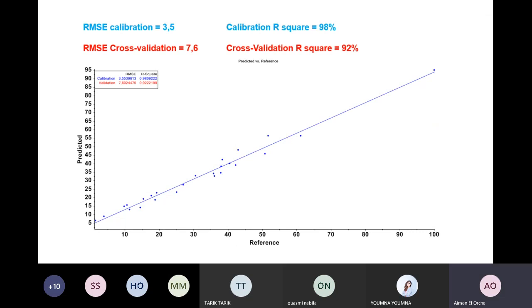The SVM regression shows also that there is a high correlation between predicted value and reference value, in which we can observe a high value of R squared for calibration and cross validation, which are 98% and 92%, and the root mean square error of calibration 3.5, and the root mean square error of cross validation 7.6.